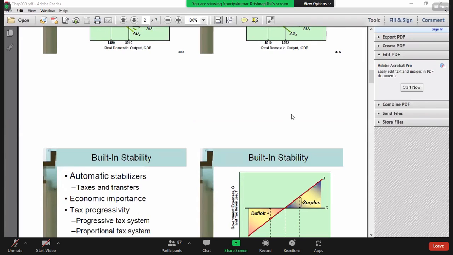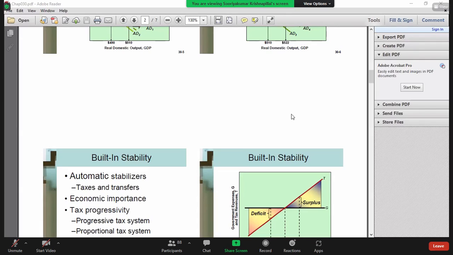But when there is a recession, when the government does expansionary fiscal policy, the budget will be in deficit because government expenditure is more than the tax revenue during the recession. When in the contractionary period, when we produce more than full employment, the tax revenue is more than the government expenditure, so there is a budget surplus.